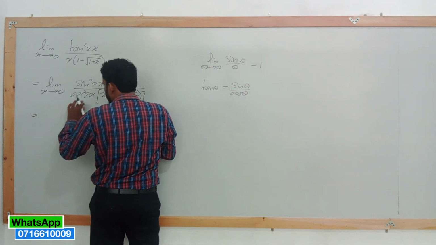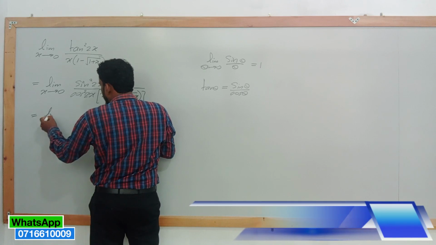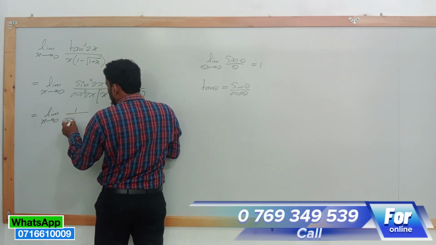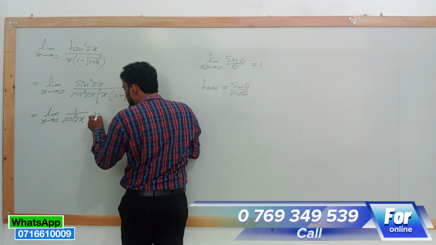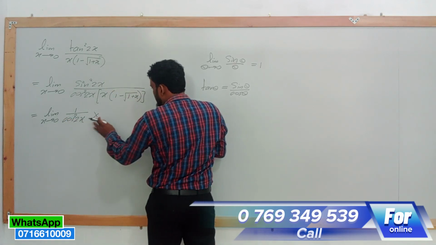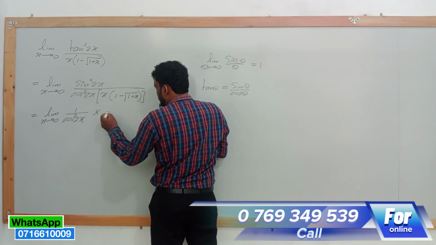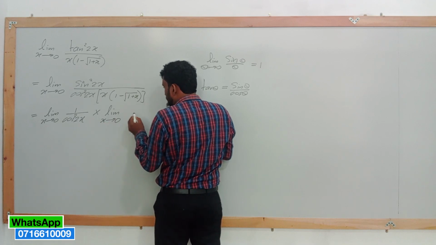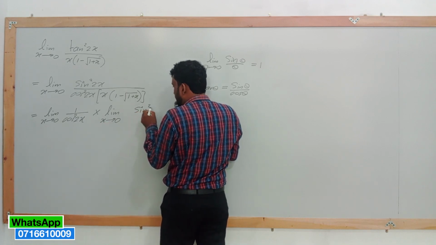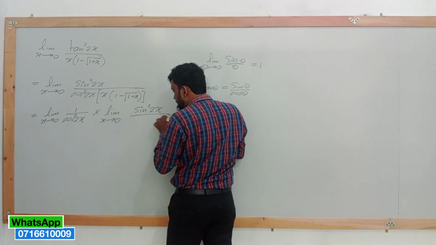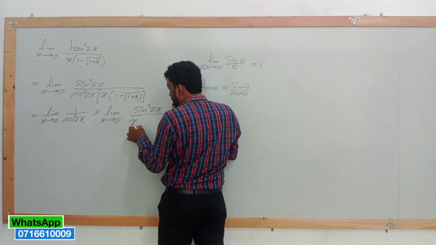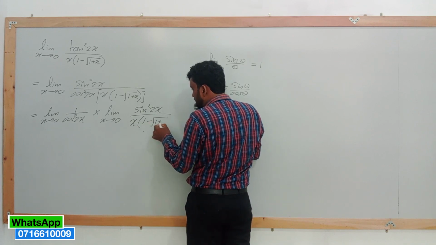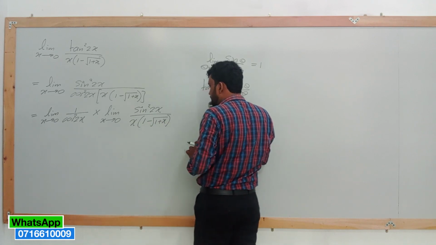Next line, this cos square 2x: limit x goes to 0, 1 over cos square 2x, into limit x goes to 0, sine square 2x divided by x into 1 minus root 1 plus x, right?